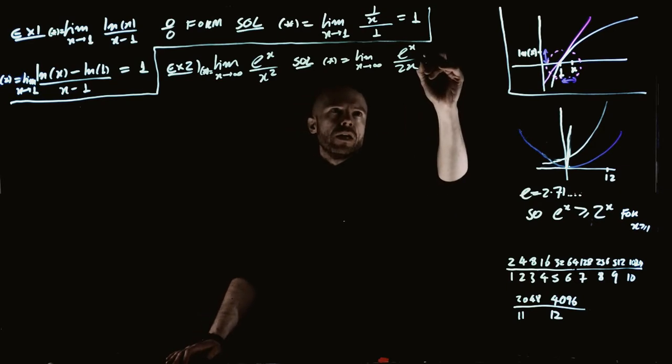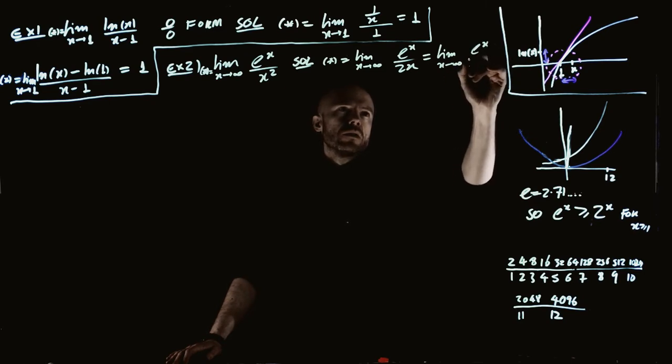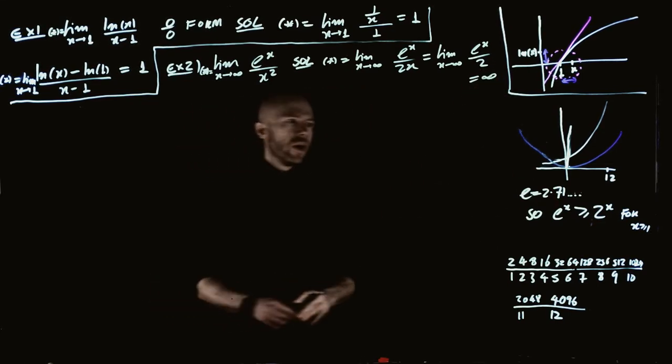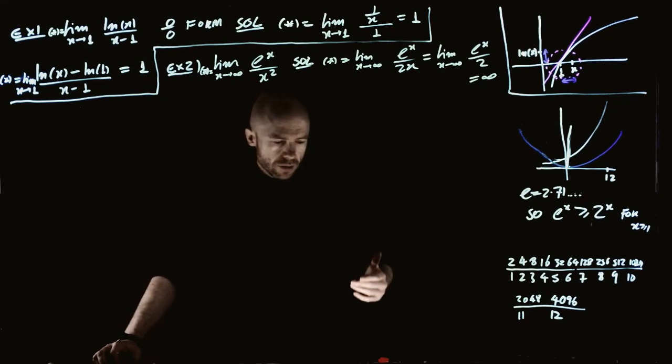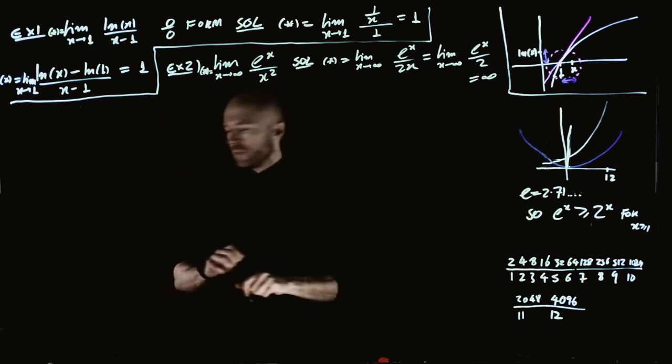Let's differentiate it again. E to the x over 2. And then we know for sure that's infinity. Okay, another way to somehow, well, actually, let's save that explanation for the next example. Let's do the next example.